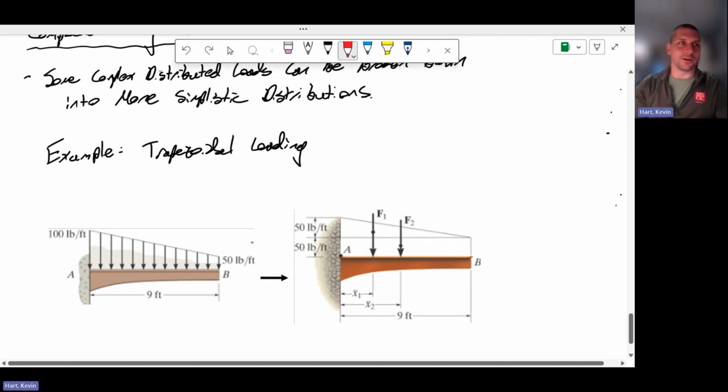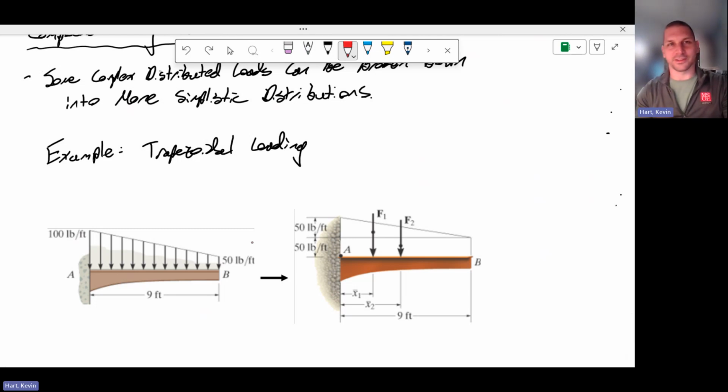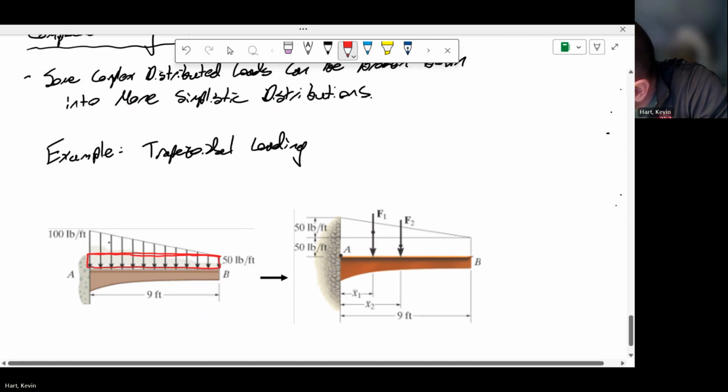And, you know, remembering what is the area of a trapezoid and what's the centroidal location of a trapezoid is actually kind of difficult. So instead, what you might want to do is break this up into a compound loading function where you have two different distributions. One which is a rectangular distribution with a magnitude of 50 pounds per foot, and one which is a triangular distribution here.